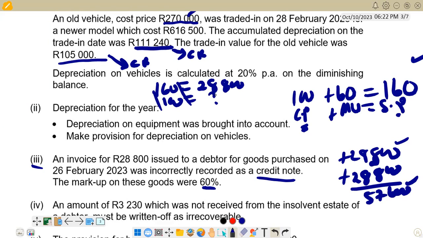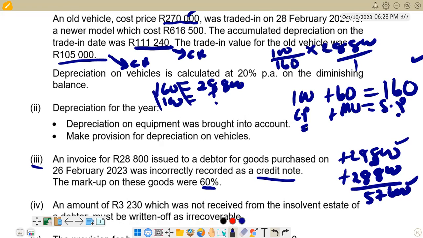So if it's a smaller figure, on this side we put the smaller figure as the numerator. So the smaller figure is 100, you put it as a numerator. Then the other figure becomes the denominator. Then you multiply by the given figure, which is 28,800 over 1 to get the cost price. So if you multiply it like that, you are supposed to get 36,000.